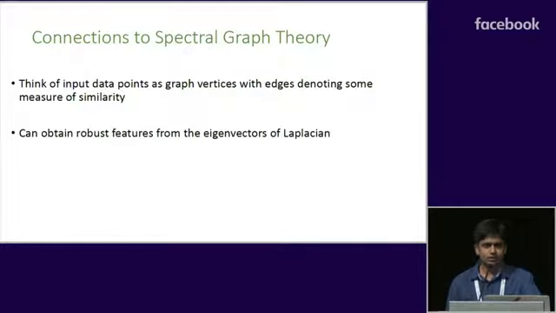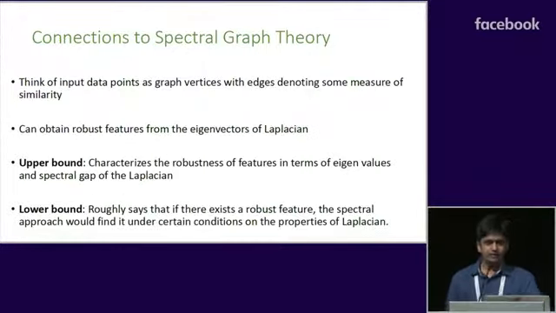So in our work, we formalize this connection. Given a data set, we create a graph out of it where the vertices correspond to the data points and the edges correspond to some measure of similarity. And we show that robust features can be obtained from the eigenvectors of the Laplacian of this graph. We give an upper bound which characterizes the robustness of these features in terms of the spectral gap and eigenvalues of the Laplacian.